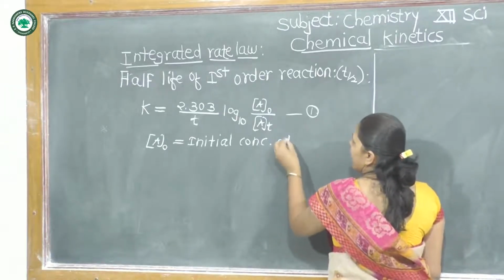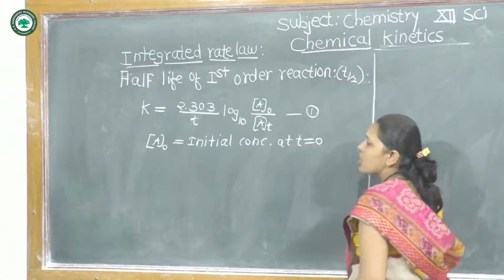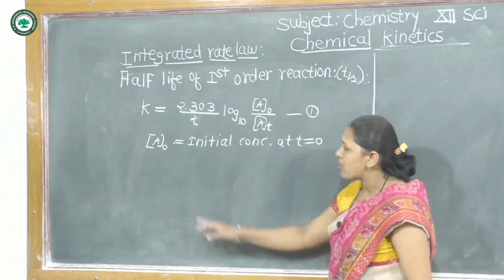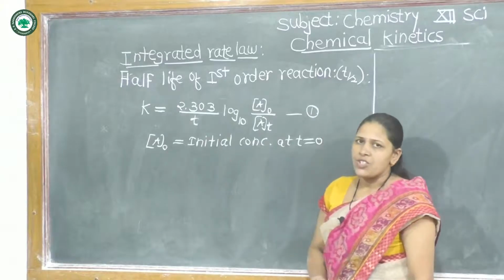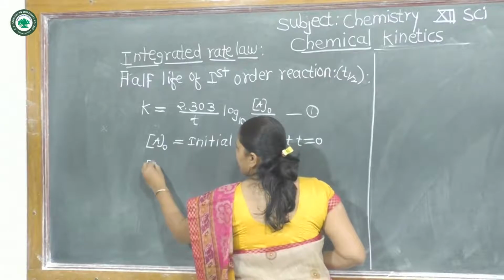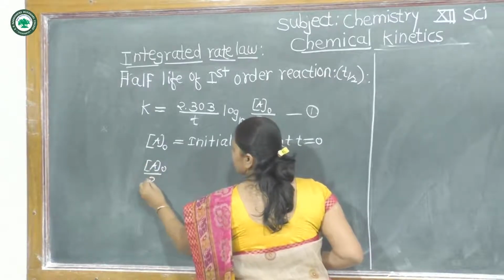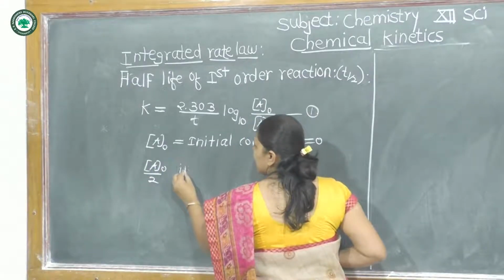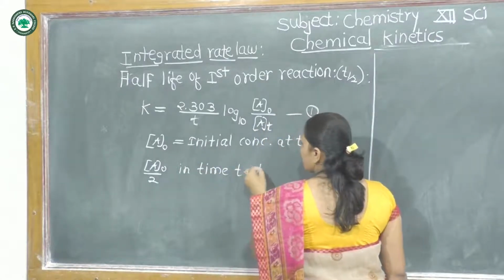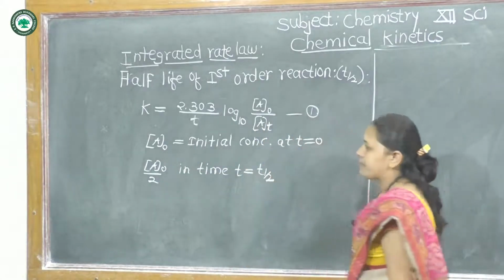Initial concentration at time t is equal to 0. Then the time required for initial concentration to decrease to 1/2, that means A0 by 2, in time t is equal to t half.